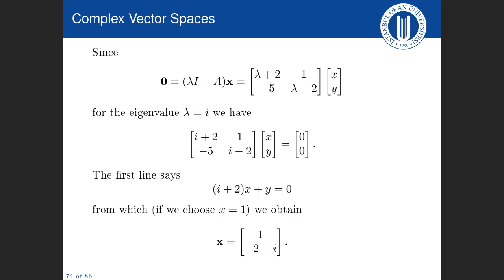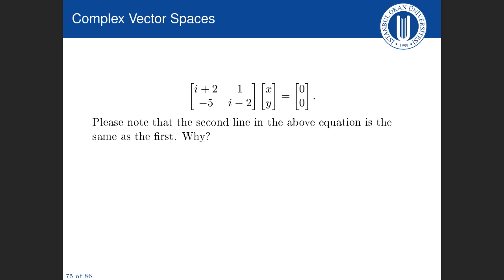And then we also need an eigenvector corresponding to −i. But before I say that, I've said that when we do 2 by 2 eigenvectors, once we get to this point, the second line should always be the same as the first line, but multiplied by a number.